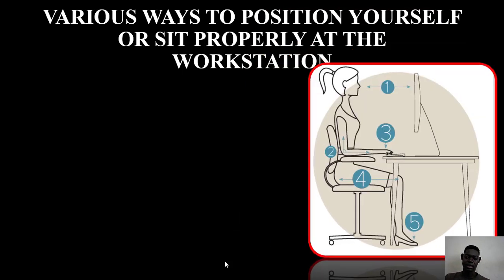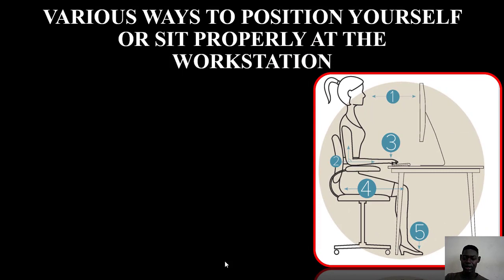Now, let's take a look at this one: various ways to position yourself or sit properly at the workstation. We have earlier talked about using an adjustable chair so that you can sit properly and your posture will be very good when using ICT tools. Let's please take a look at this picture.